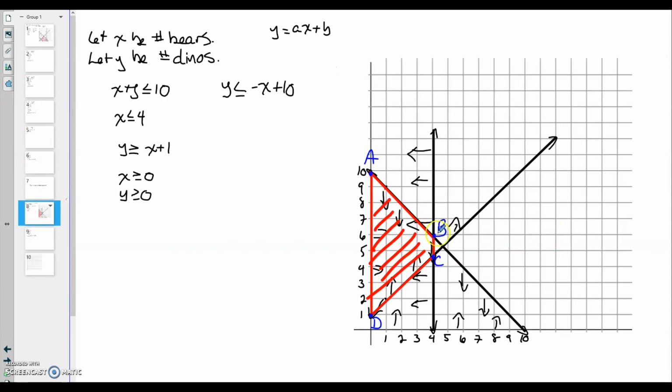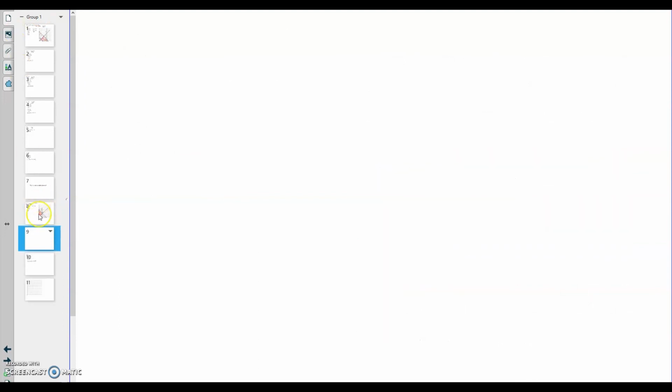Now, looking at vertex B, we see that it's the intersection of that same line, y less than or equal to negative x plus 10, and the line x less than or equal to 4. So let's solve that. Once again, we've turned the inequalities into equations, and substitution is the appropriate method.